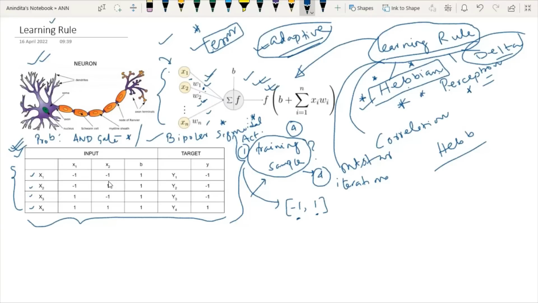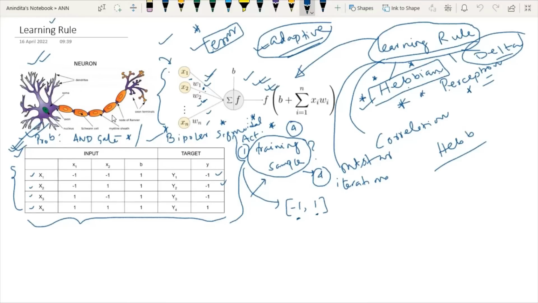So try to understand the conclusion. If this problem is given to you and no activation function is mentioned, from experience you will find that since most of the values are between -1 and 1, it is better to use this bipolar sigmoidal activation function. So this is the second conclusion that we can draw from this input, right?